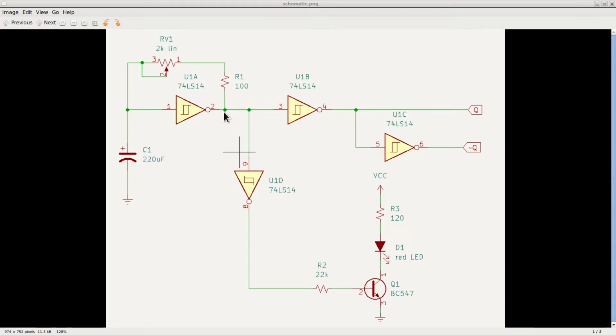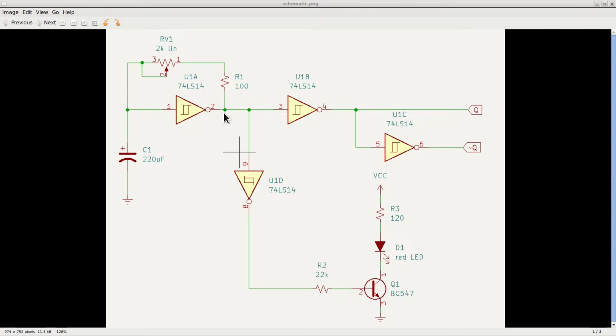But, because the output of the inverter is high, there will be a current going from the output, through the resistors, into the capacitor, which will start charging it according to the time constant RC. While the capacitor charges, its voltage will begin to increase, and as soon as it reaches the value of Vt+, it will cause the output of the inverter to go low.